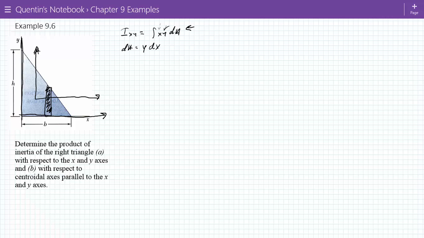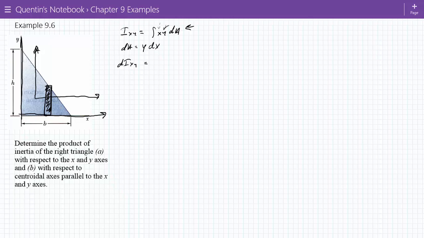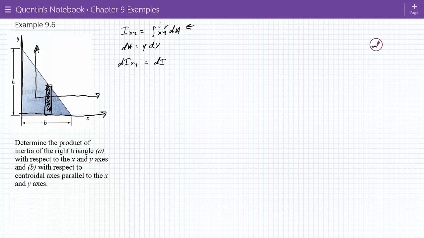Well, we say, I know something about a rectangle that looks like this. What do I know about that rectangle? If I look at just that dIxy, I know what that is. I'm going to say that's dIxy bar plus x y times dA, right?